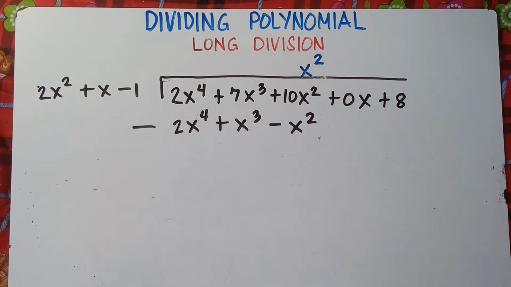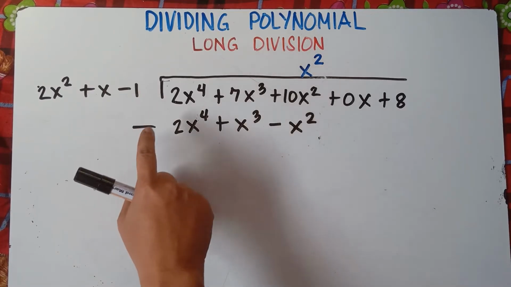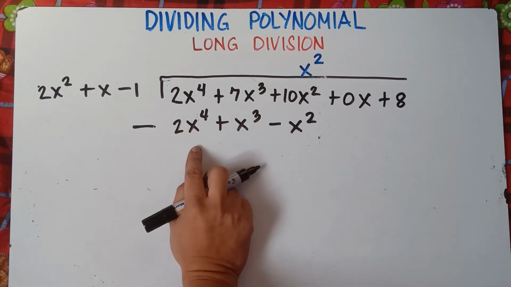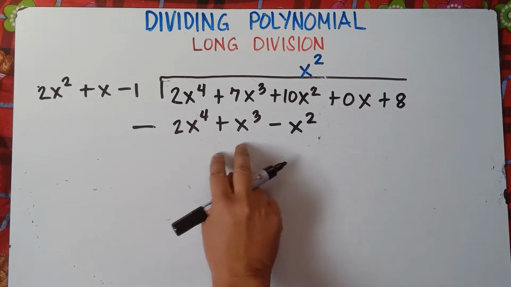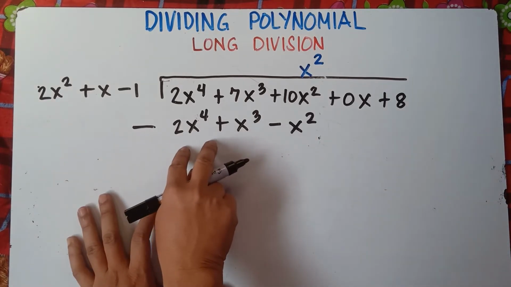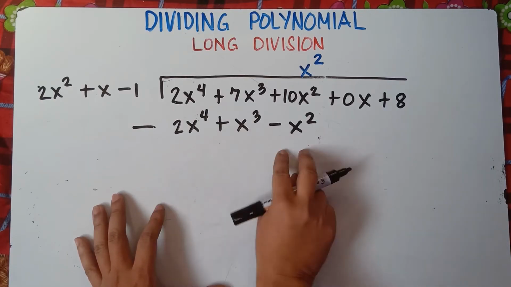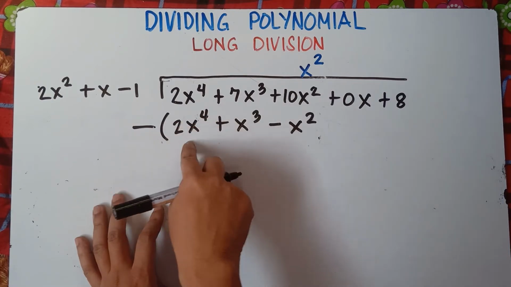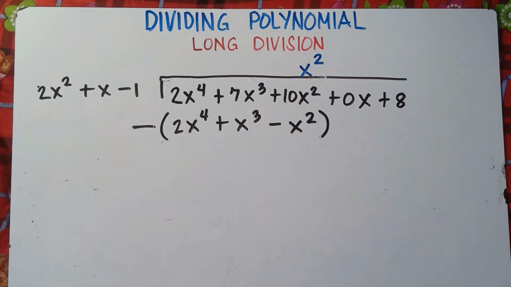Once you subtract, you need to put parentheses, because if you do not, you just simply subtract this first term, not all terms. This is not just a monomial. It is 3 terms, a trinomial. That's why we need to put parentheses, because we need to subtract all of the terms.